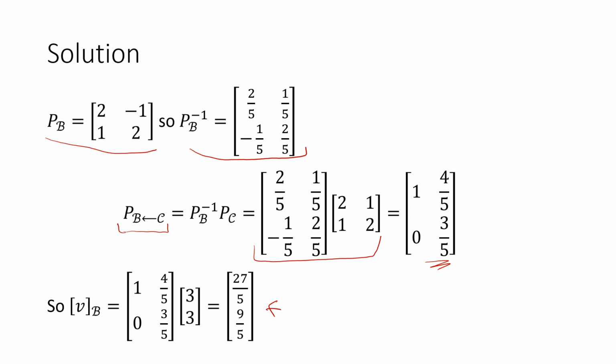And how do we know this is right? Well, calculate v equal to PC times the coordinates of our vector v in C, and calculate PB times the coordinates in B. If you do that, you'll find out that both of those come to the same thing. So this is shifting from coordinates in one basis to another basis without having to go through your standard basis first.